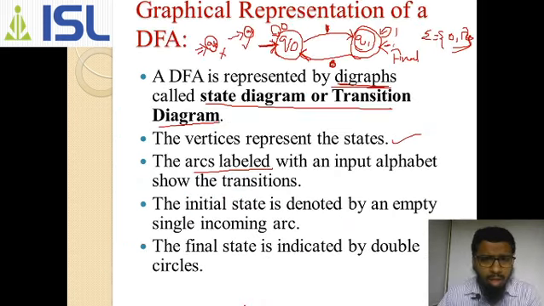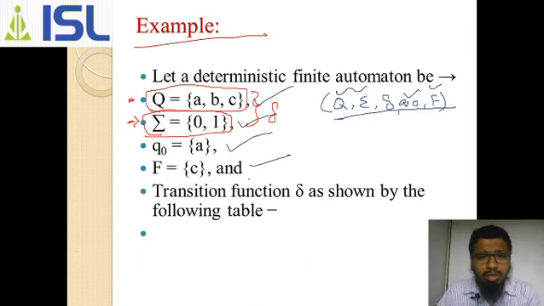Okay, and we took the example in the last class. Q equals A, B, C, sigma is 0, 1, Q0 equals A. What is Q0? Q0 is the initial state. And what is capital F?